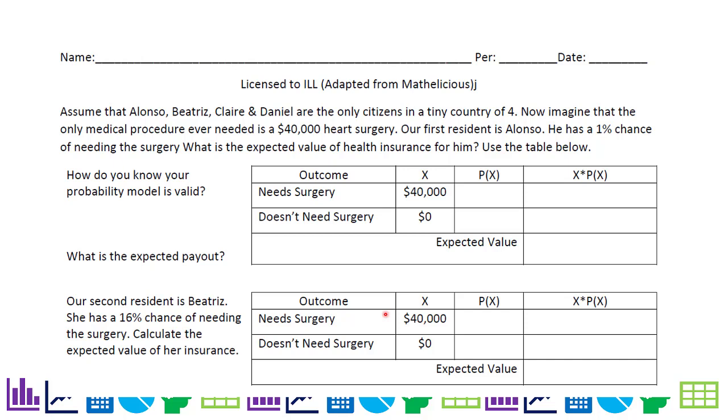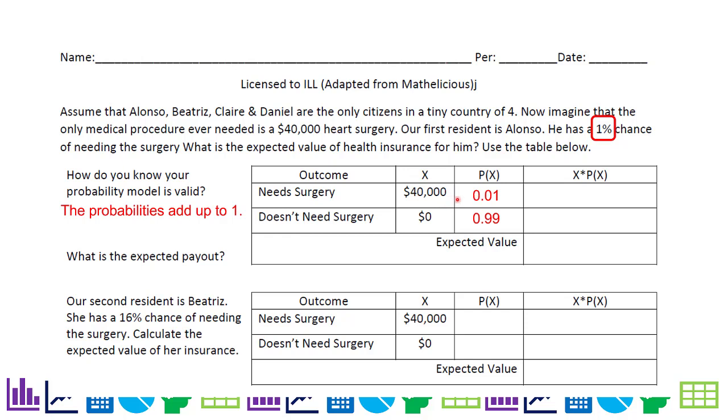So the probability that he needs surgery is 0.01, right? So we put that in there. And we know the probability model has to add up to 1, so this must be 0.99. If the probabilities add up to 1, our model is valid. Then we calculate expected value by taking the outcome and multiplying it by its probability.